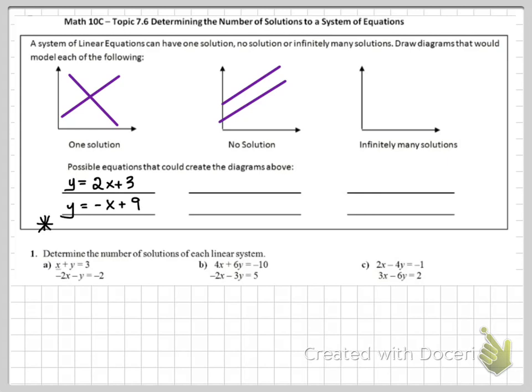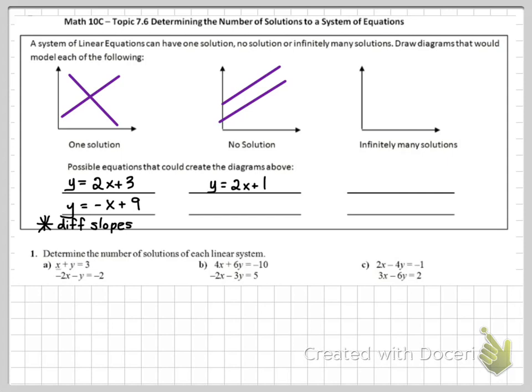Let's look at some equations. If I said y is equal to 2x plus 3 and y equals negative x plus 9, you'll notice that these two have different slopes. That means they're going to intersect in only one spot. The second problem, where it has no solutions, would be something like y is equal to 2x plus 1.